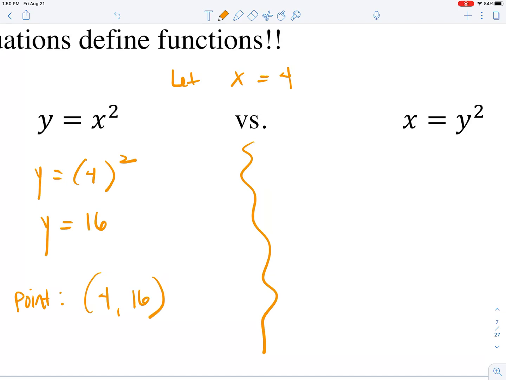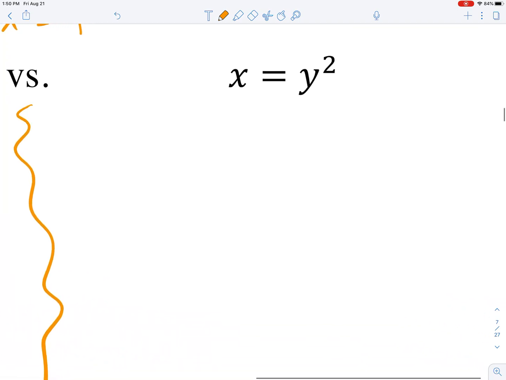If we were to let x equal 4 in this other equation, x equals y squared, to find the values of y, we would need to take the square root of both sides of the equation. Or you could just look at this equation and solve by inspection. You can look at this and go, okay, y has to be either positive or negative 2.